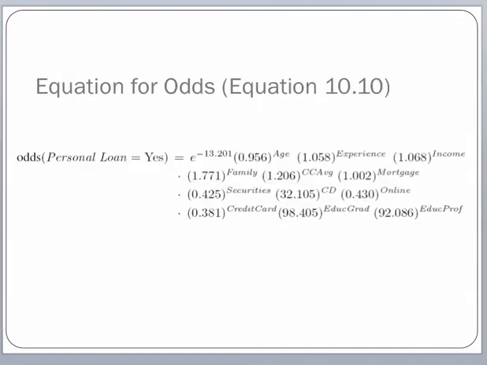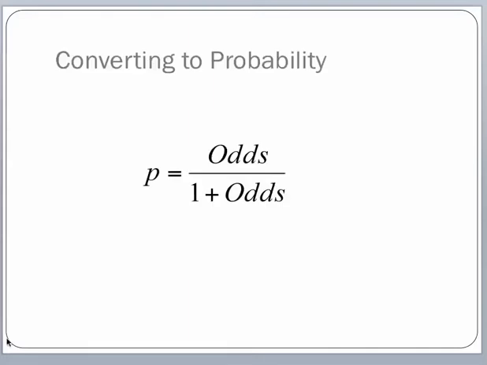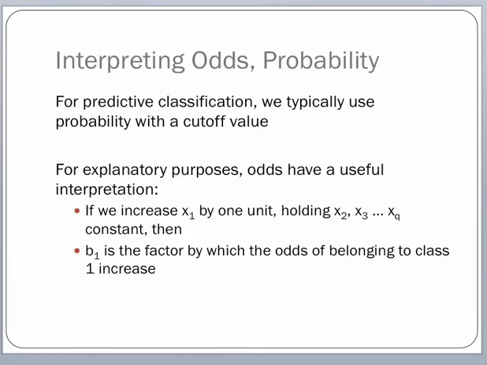So that is a logit equation. To convert that into odds, you just take the exponent value, and you could convert that easily into this equation here. And then you could convert that to a probability, which is nothing other than the odds over 1 plus the odds.